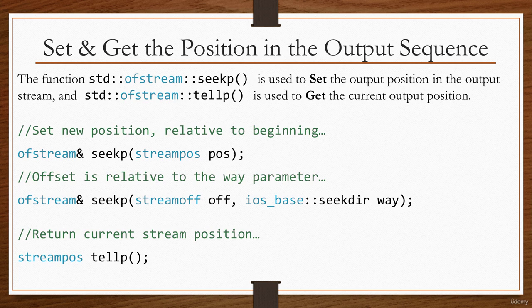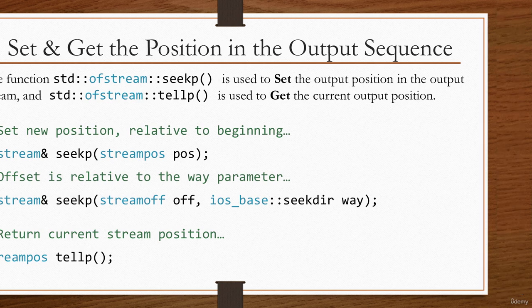We see some simple examples here. seekp can take in an argument, so we pass in the position to set relative to the beginning of the stream. We can also pass in 2 arguments to offset relative to the way parameter. The way parameter relates to where we start, so do we start at the end or the beginning or the current location in the stream. Then we can also return the current stream position using tellp.